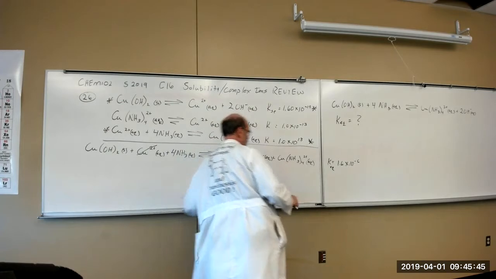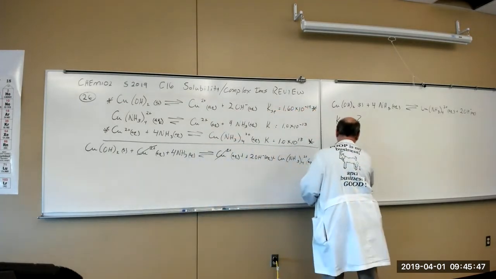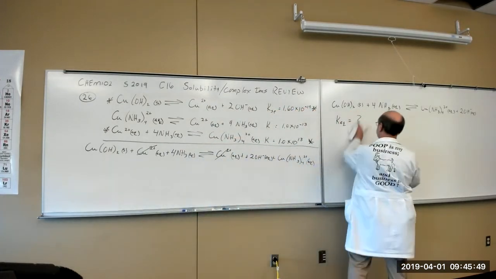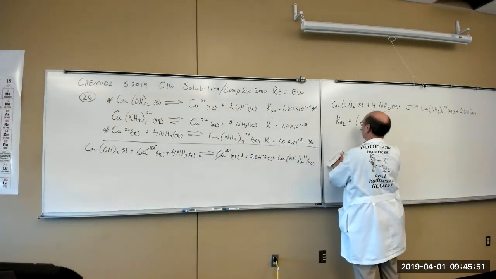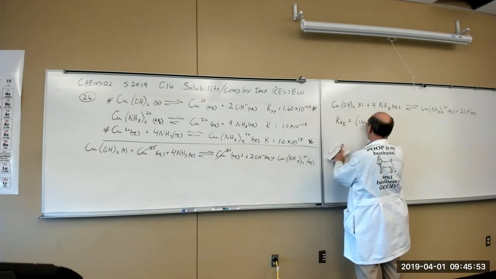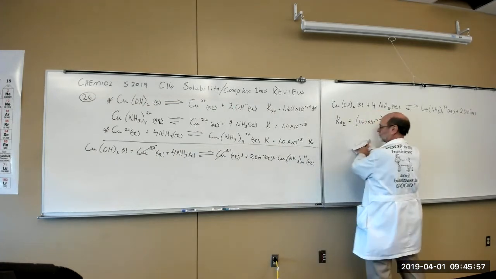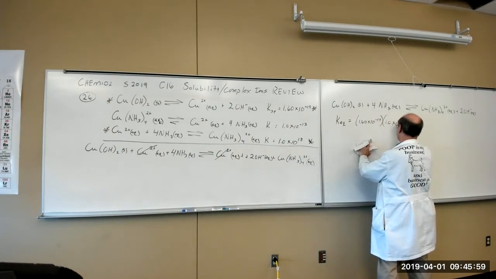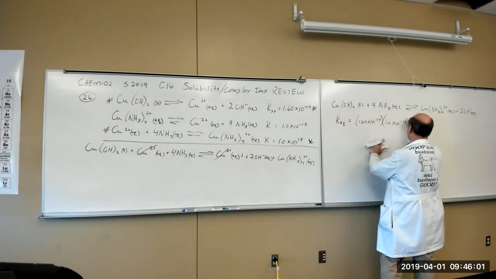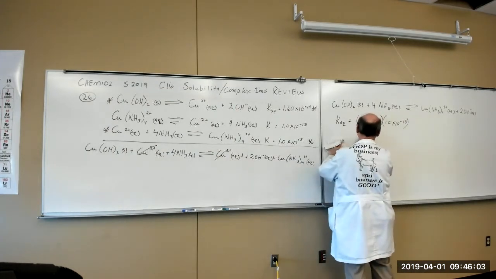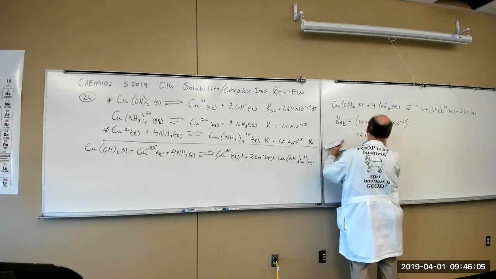Let's see, I should do it this way. I'm going to answer 1.6 times 10 to the negative 6. Is that what you get?